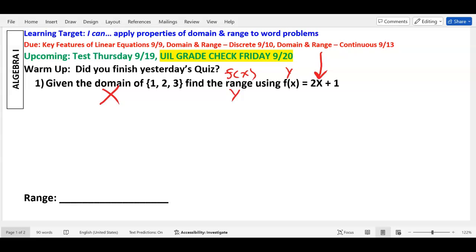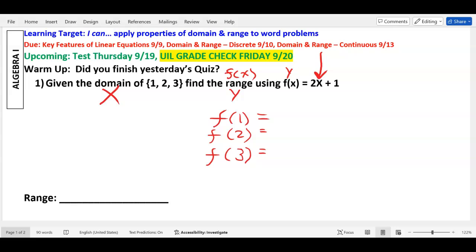So 1, 2, and 3, I'm plugging in where this X is, so I'm really trying to find f of 1, f of 2, and f of 3, okay? So replace x with 1, replace x with 2, replace x with 3.